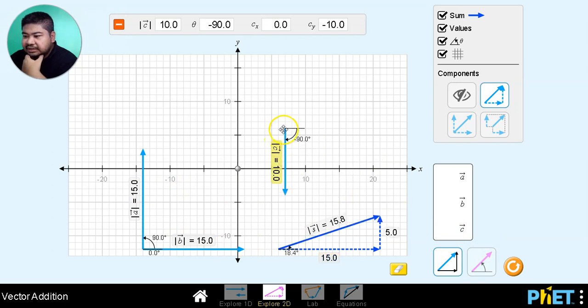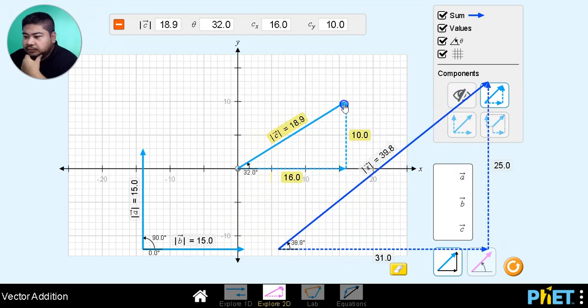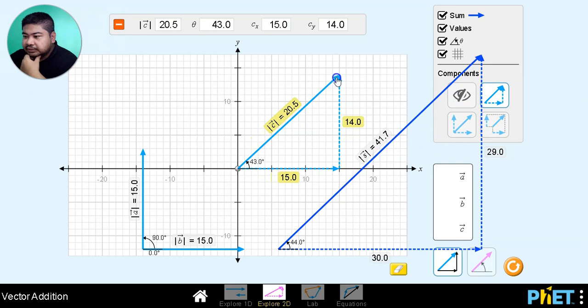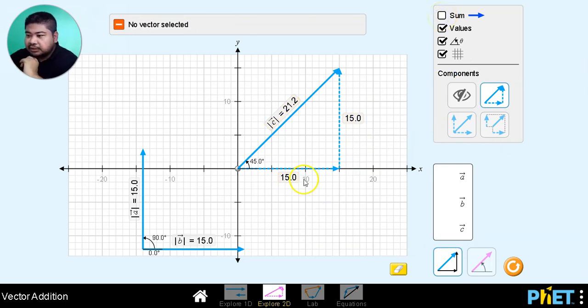So vector C, I'm going to move it until it has the, okay. Now, don't look at the sum. I'm going to remove the sum first. So as you can see here, I moved vector C so that the length is 21.2 and the angle is 45 degrees.